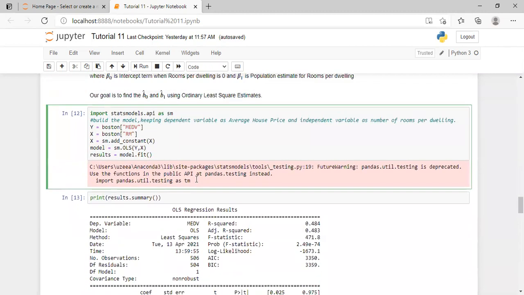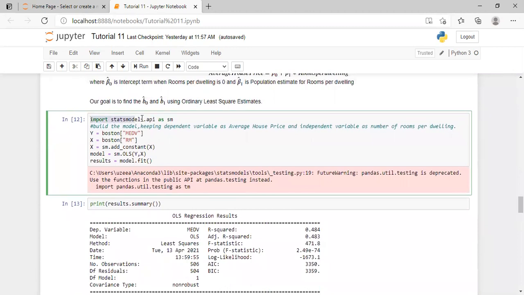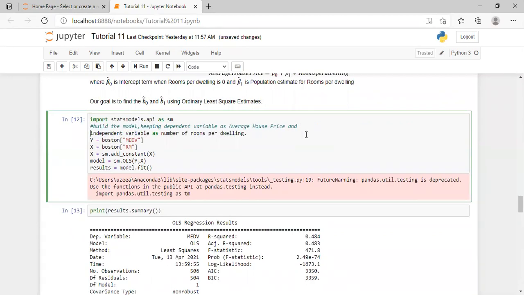Next I use the statsmodels API. It is again a library in Python. I am using statsmodels, which I've imported as SM. Now I want to build the model.